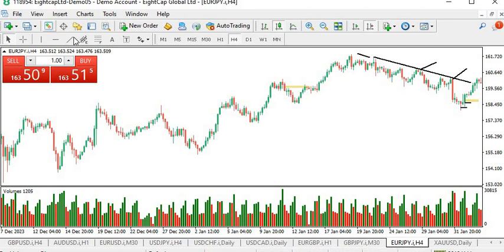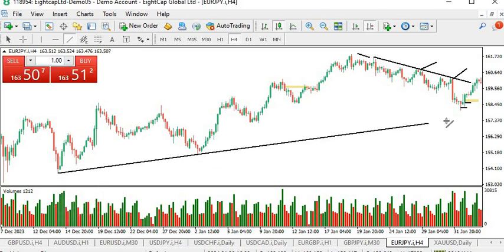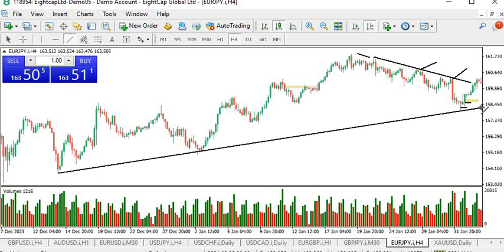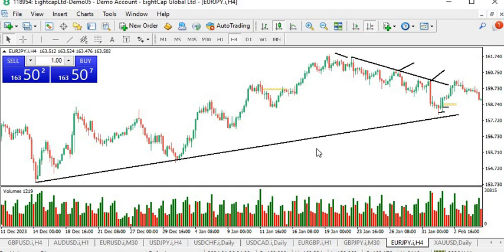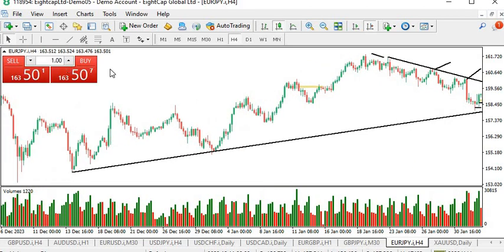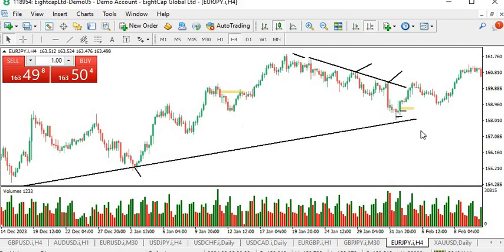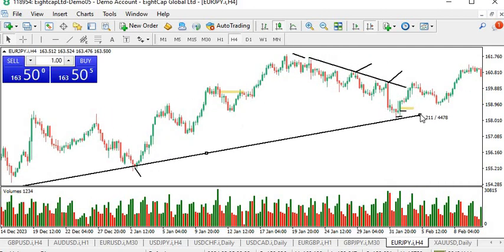And let's see if I can find another entry on this. Yeah, that's almost perfect. You can see a little manipulation is okay, as we can see here the wick, so that doesn't matter. Nothing is perfect, a little above or below is okay.